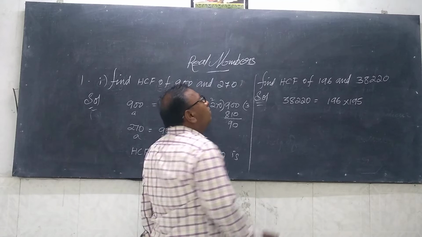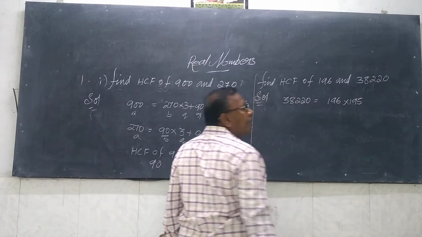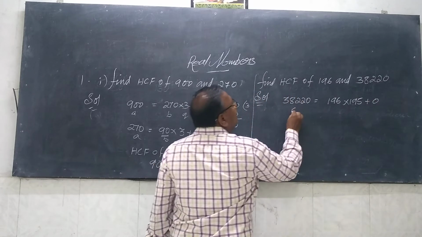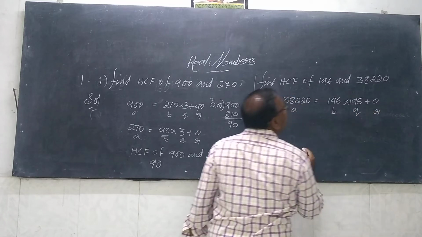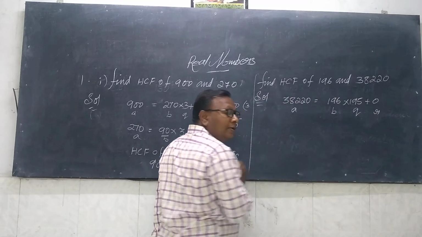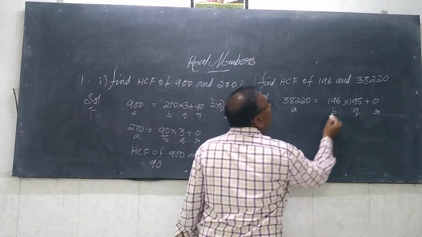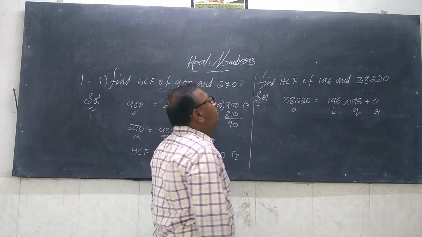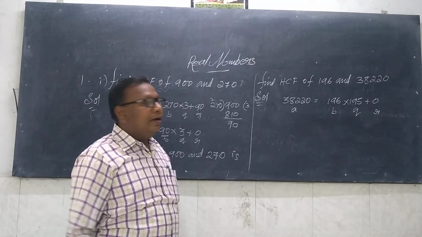Both these are one and the same, so this minus this, the remainder is 0. So plus 0. This is A, this is B, this is Q and this is R. So we have applied Euclid's division lemma here, A is equal to BQ plus R. Now we have got the remainder 0, so we cannot further divide it.